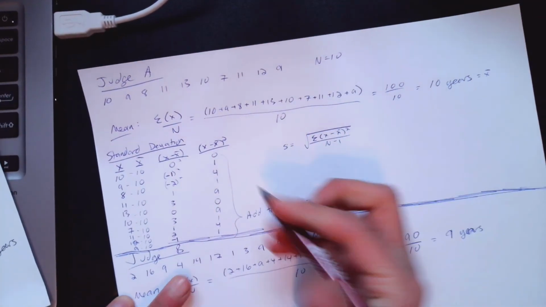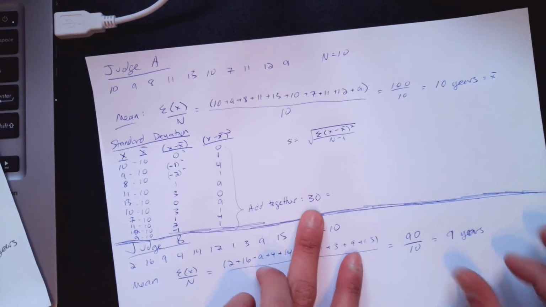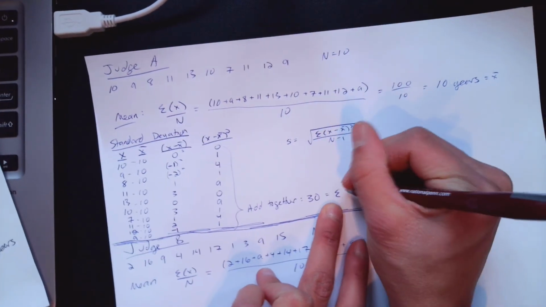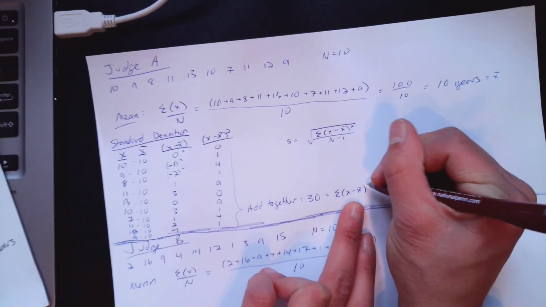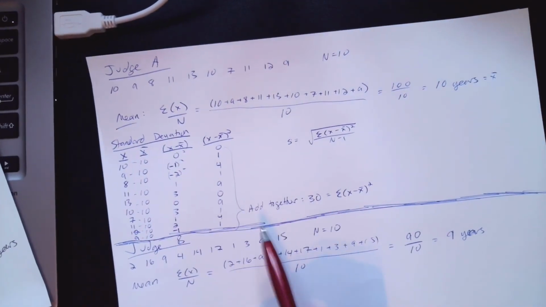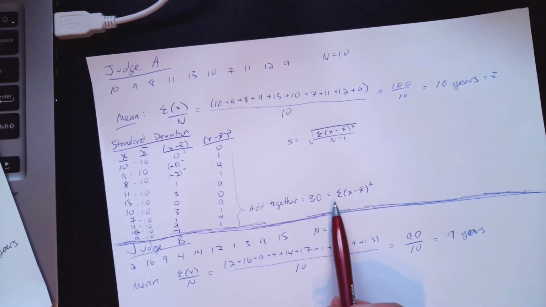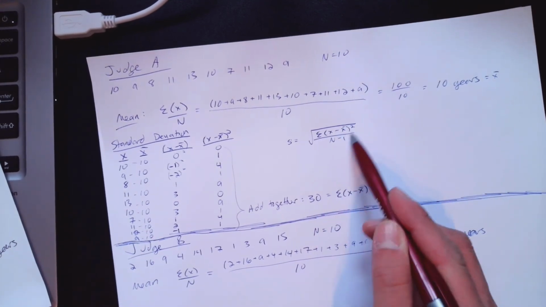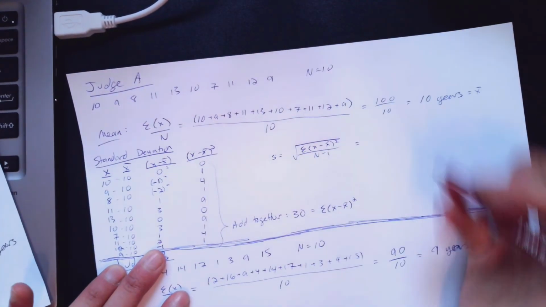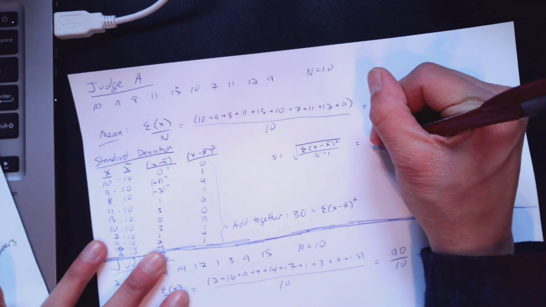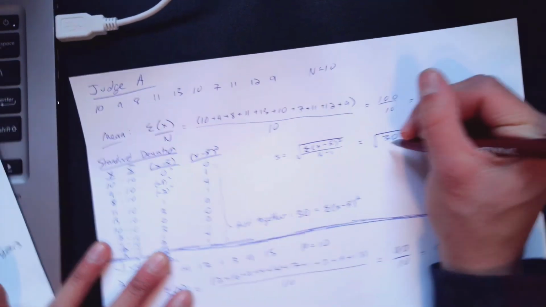And if you remember, when you add all these squared deviations together, the value that you get is also written like this, or the sum of x minus x bar squared. So you've added these together, you have 30, and now you know that you can plug in 30 for everything that is in the numerator of this equation. So if we want to find our standard deviation, we're going to plug in 30 up here.